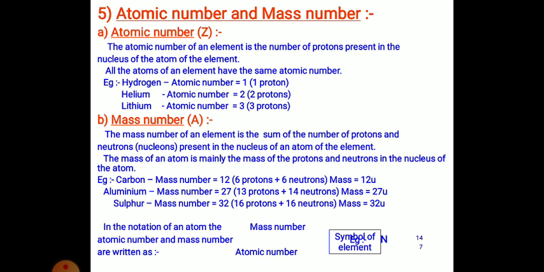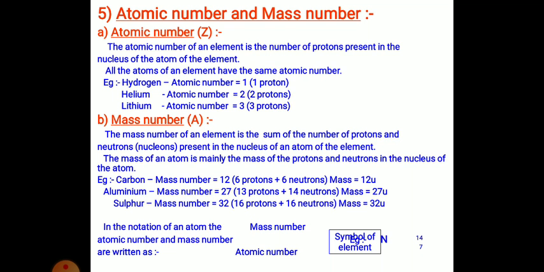Students, if you look at aluminium, the mass number is 27, with 13 protons and 14 neutrons, and it has a mass of 27 units. If you look at the example of sulfur, the mass number is 32 and it has 16 protons and 16 neutrons. Mass is 32 units. In the notation of an atom, the atomic number and mass number can be shown with a symbol.